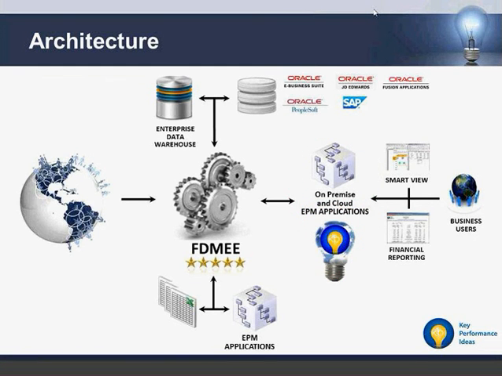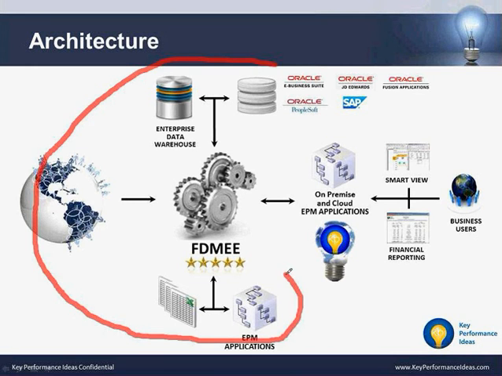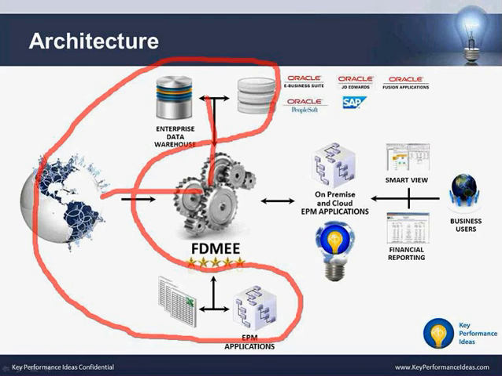Coming at it from different points of view, from an admin perspective, the first thing we want to know is what we're responsible for as admins, which is to make sure that we have good data from all these sources. Whether you have Excel files or other EPM applications that need to be brought in, all of that needs to come in to FDMEE as a single point.